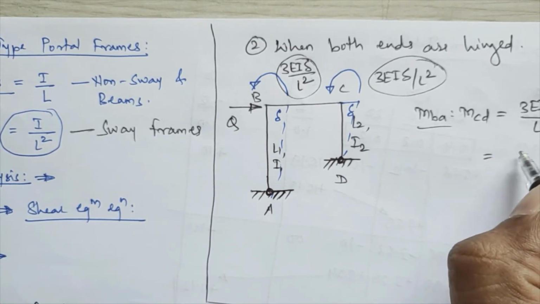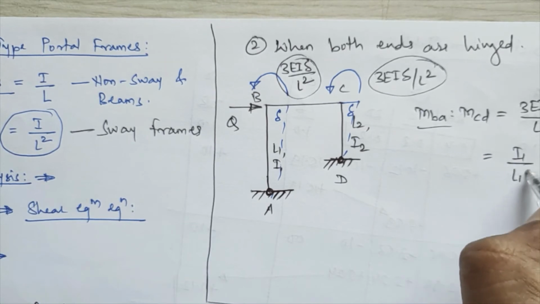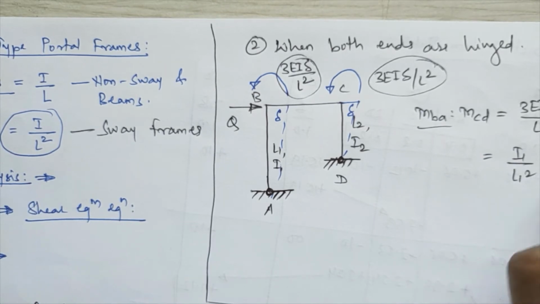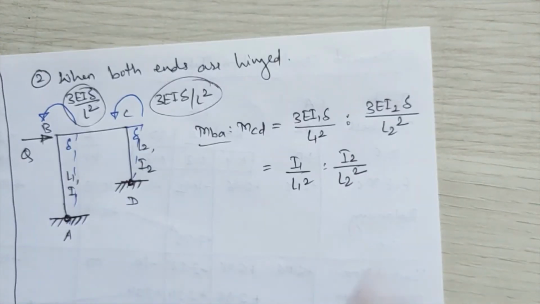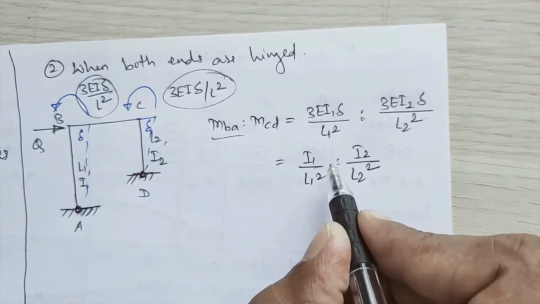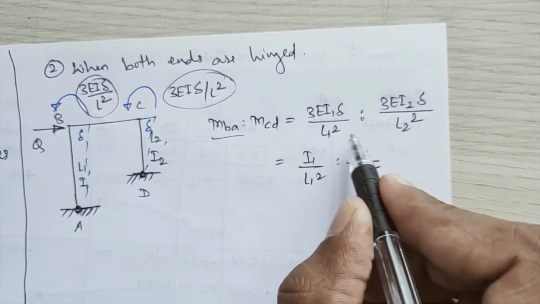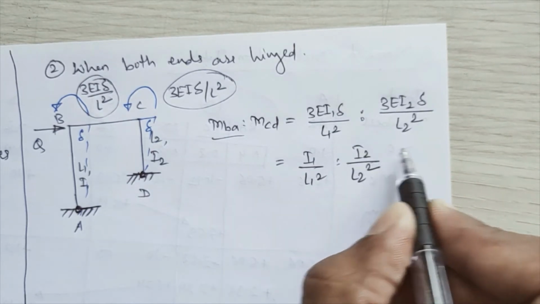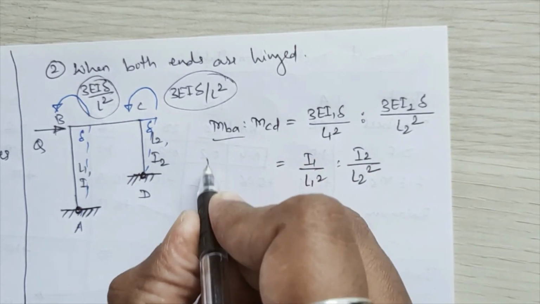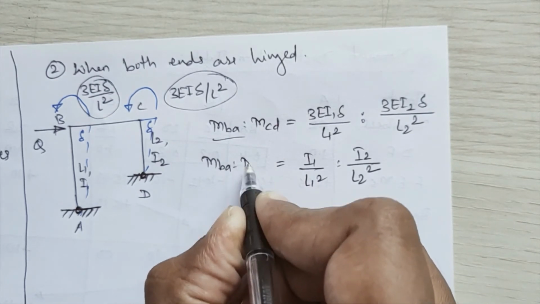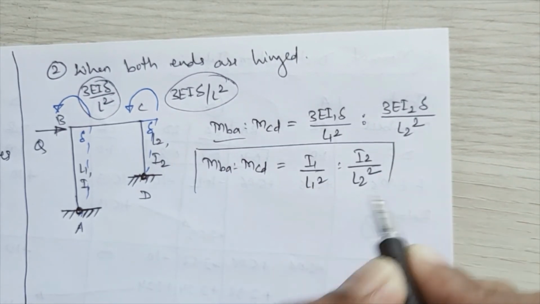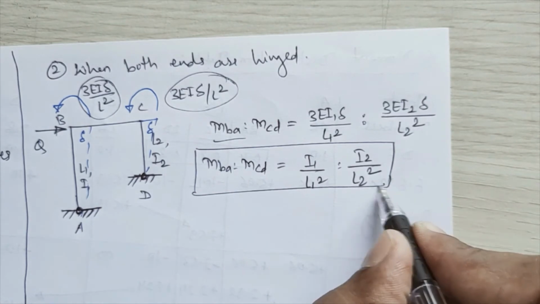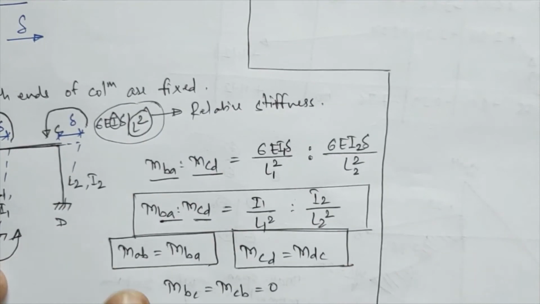So what will remain? I1 upon L1 square is to I2 divided by L2 square. So the ratio in your first case and second case comes out the same, MBA is to MCD. But here one change is happening, that is in the earlier case your AB and BA values, as well as CD and DC values, were coming the same.